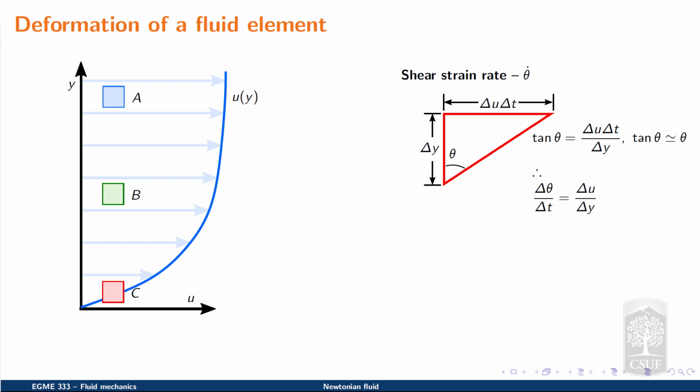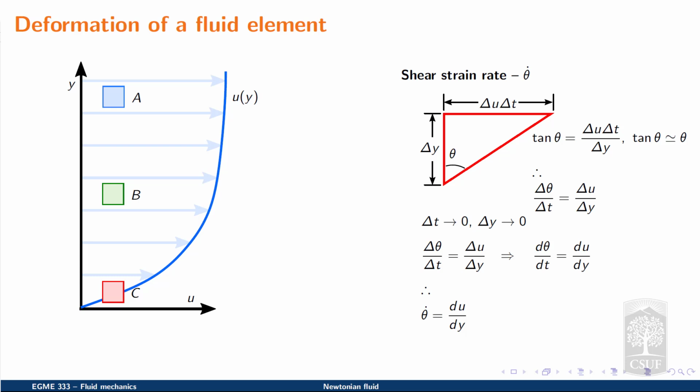If we rearrange this equation by dividing by delta t and rewriting theta as delta theta, we can consider the limit where delta t approaches 0, and similarly where delta y approaches 0, and this expression simply becomes d theta dt is equal to du dy, where in essence the shear strain rate theta dot is equal to du dy, the rate of change of the velocity profile little u with respect to its vertical position y.